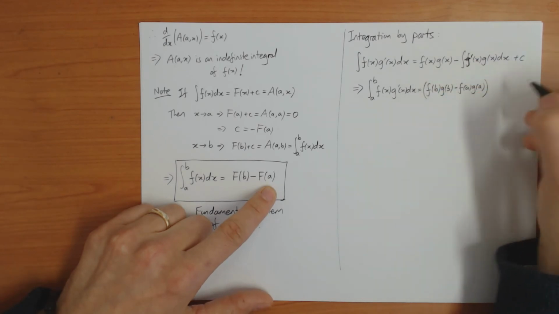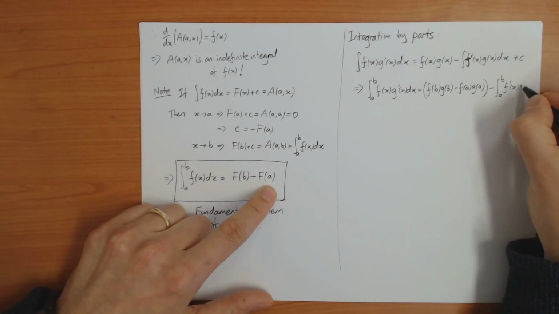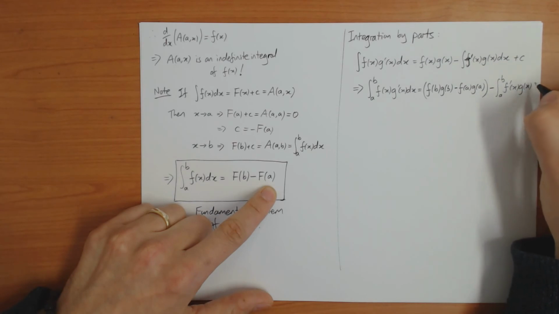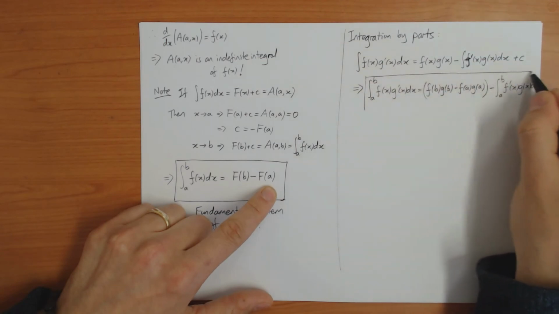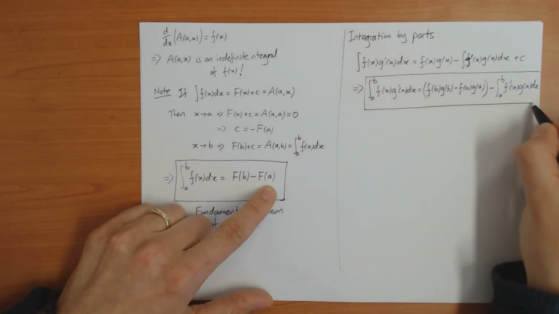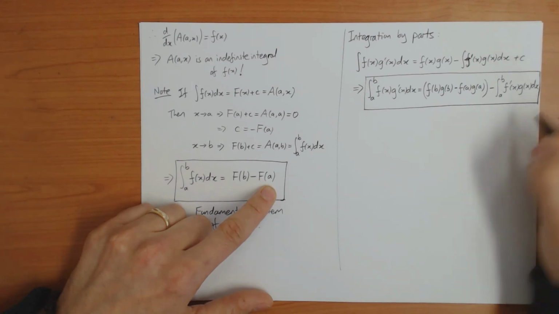So that turns into this, and then finally minus the integral from a to b of f prime of x g of x dx. Okay. So this is the definite integral form of the integration by parts formula.